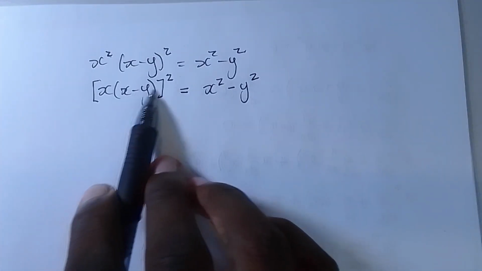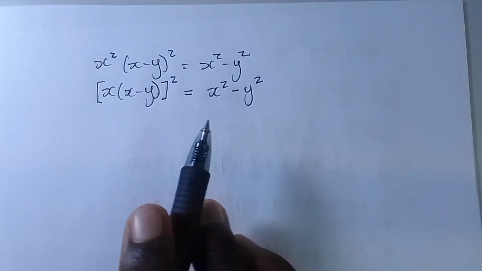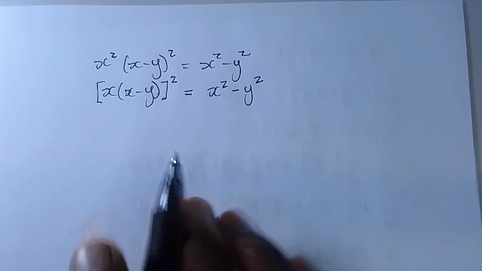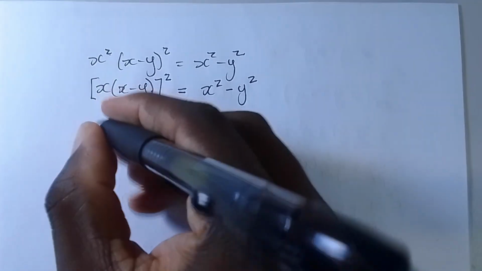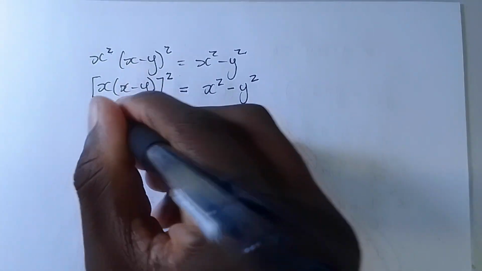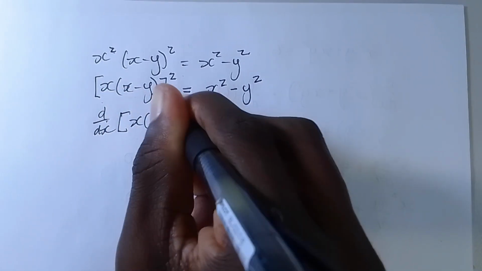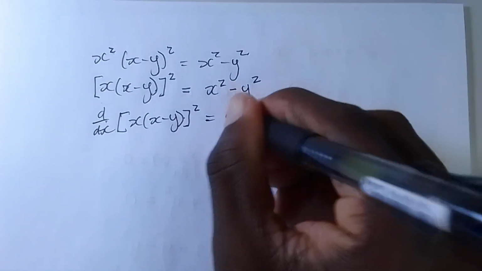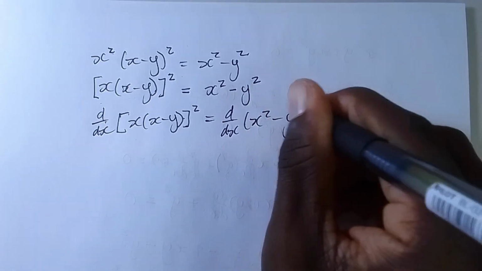Now we need to find the derivative of this, and if we're differentiating using the implicit differentiation method, we find d on dx of both sides. So d on dx of this side, x into x minus y all squared is equal to d on dx of x squared minus y squared.